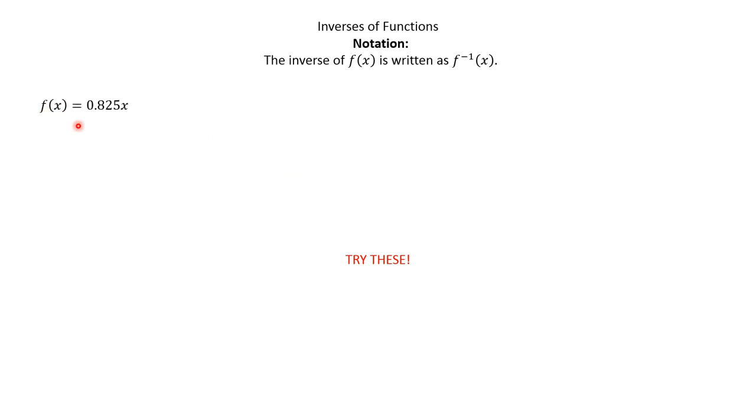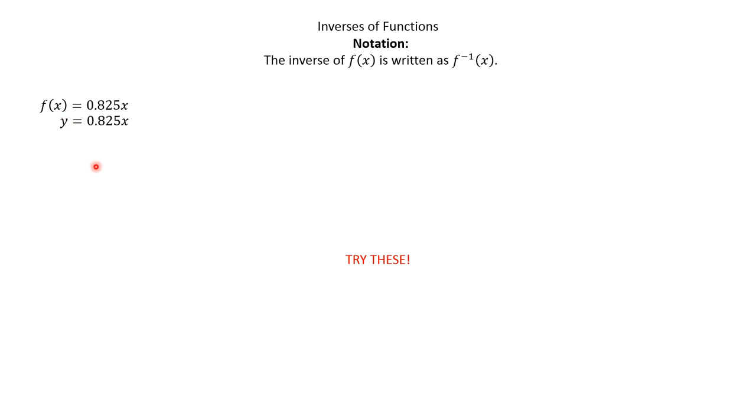Start out with f of x equals 0.825x. The first step in finding an inverse, when it looks like this, f of x equals something, is to change the f of x to y. It means the same thing, and the y is going to be easier to do with the next step.